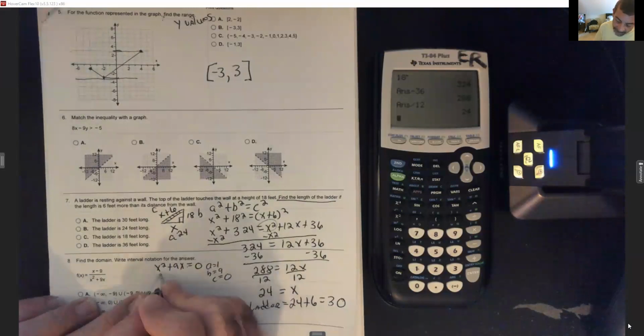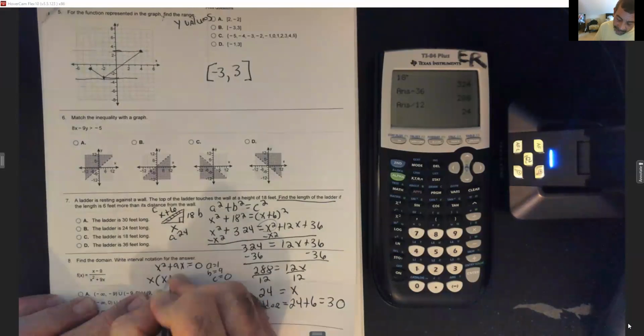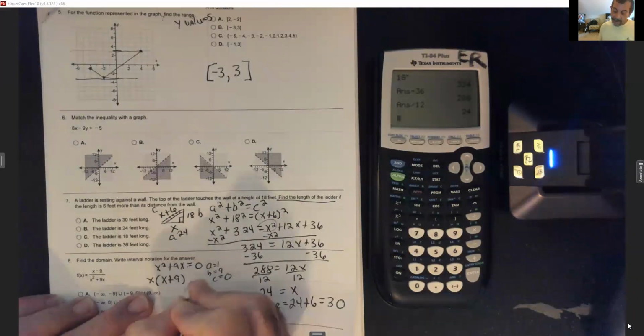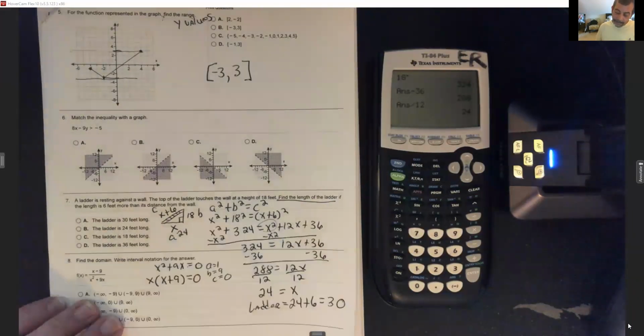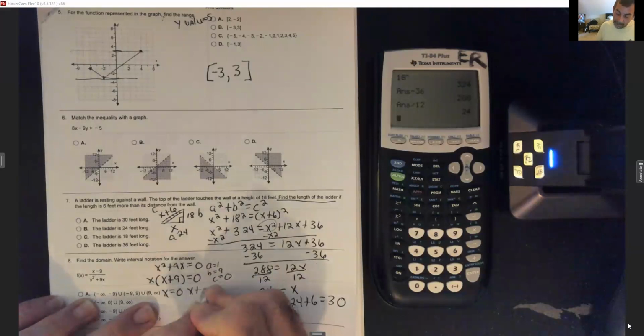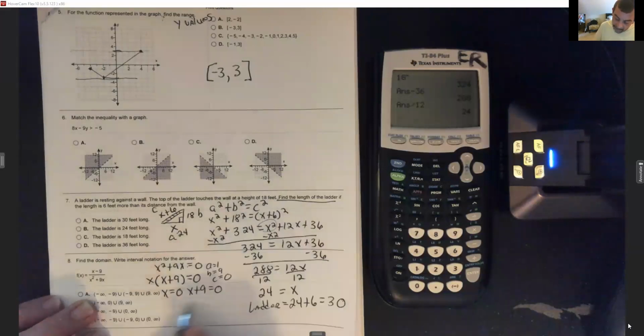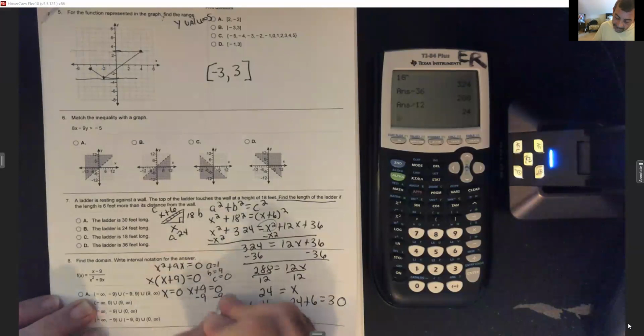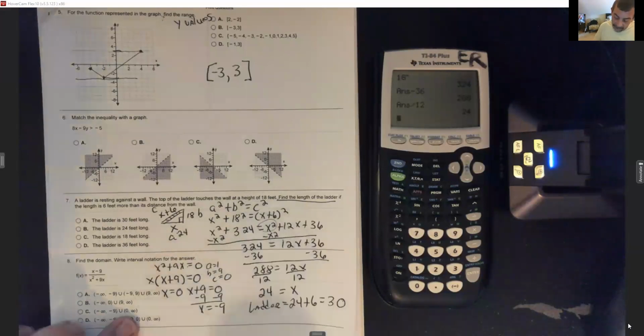These have a common factor, so you factor out the x, and in parentheses, you would have an x plus 9, all equal to 0. Now you set both of these equal to 0. And the only one that really needs solved is the second one, so I would subtract 9 and get x equals negative 9.